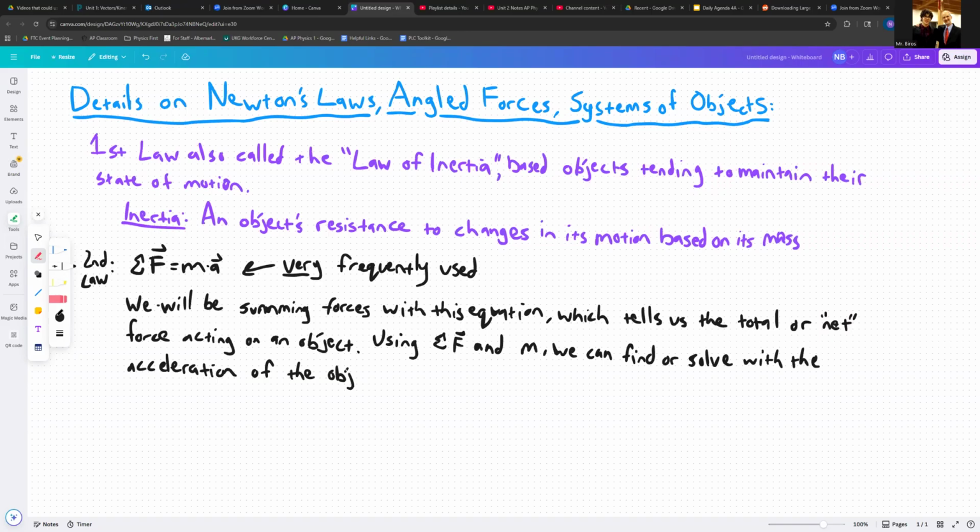So in our equation, the three things are force, mass, and acceleration. We already talked a little bit earlier about how the direction of force and acceleration will always be the same as each other.